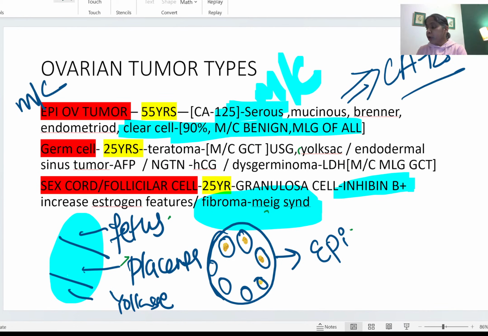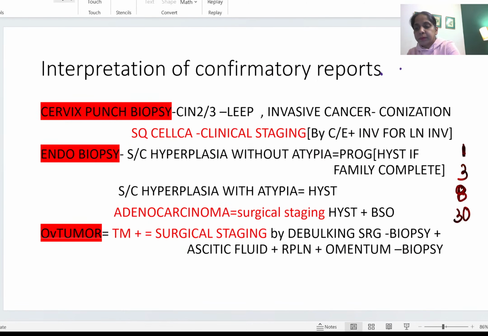Should we continue tomorrow, or do you want the session to continue? Please tell. Interpretation of reports and treatment is left.